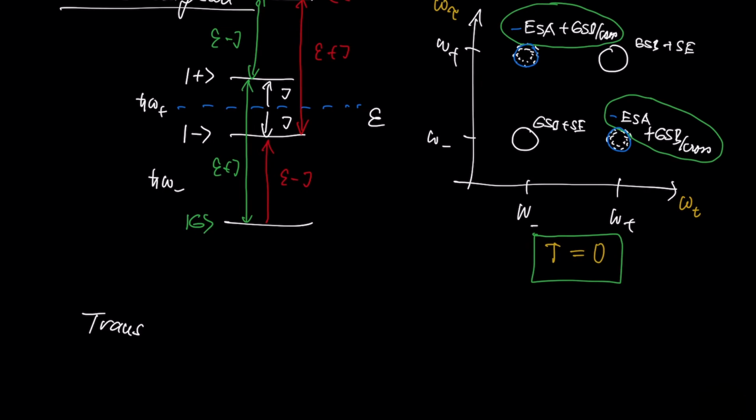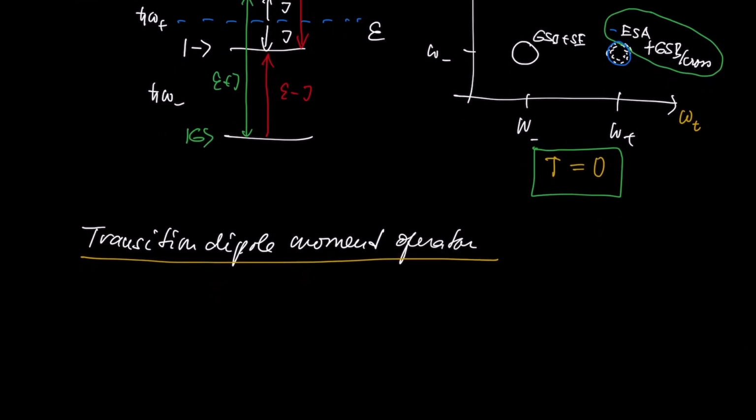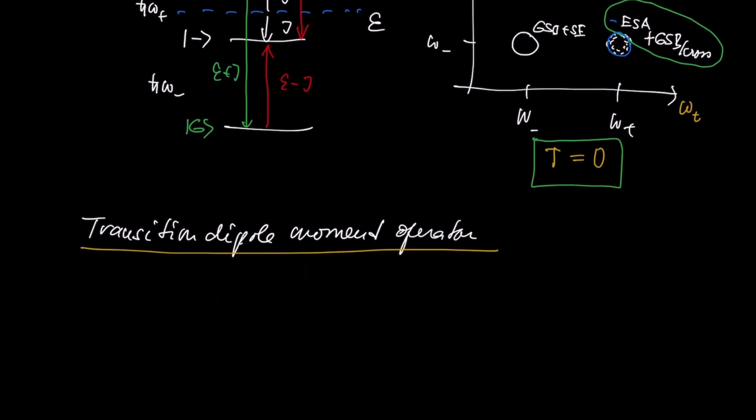So transition dipole moment operator. So that's what we need to look at in order to be able to find out how we can transform the transition dipole moment into the delocalized states, to figure out what are the strengths of the transitions and what are therefore the comparative strengths of the excited state absorption and ground state bleach that we see here.